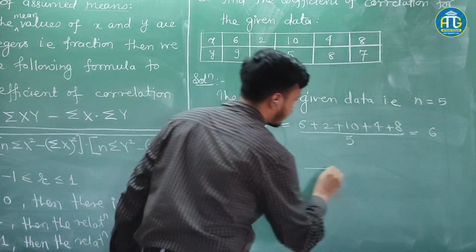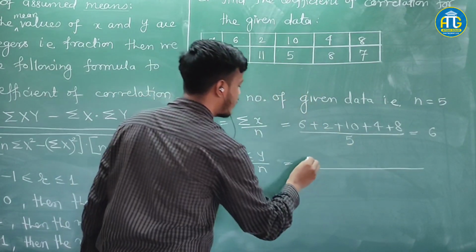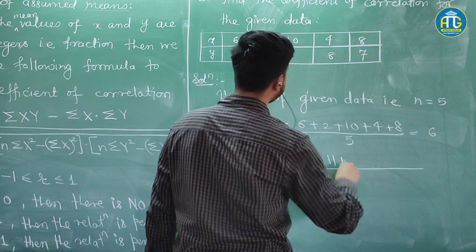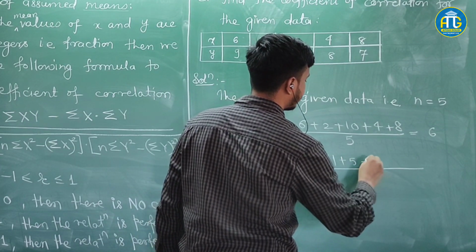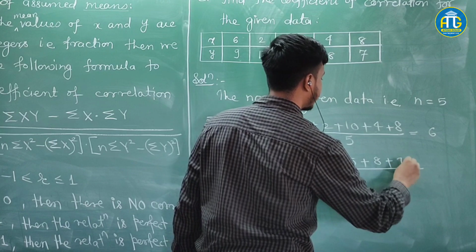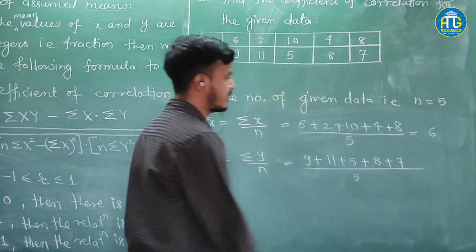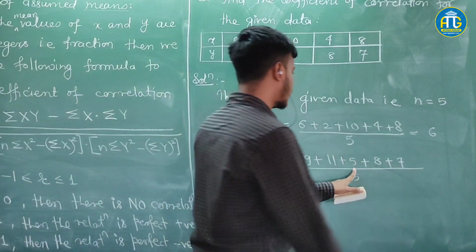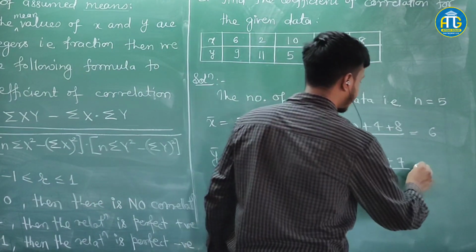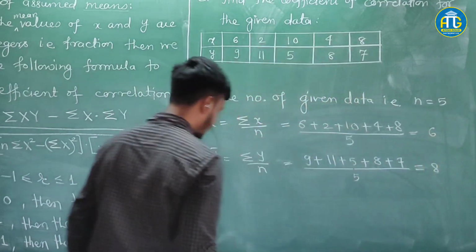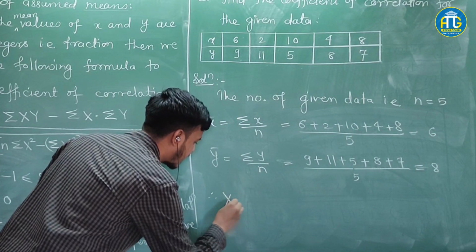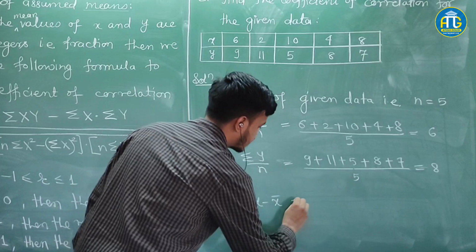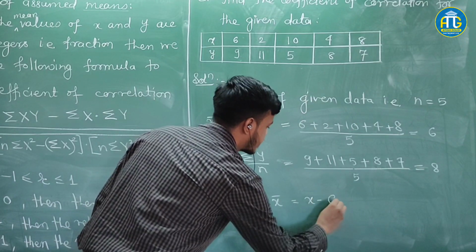And the summation of y: 9 plus 11 plus 5 plus 8 plus 7, divided by 5. 9 plus 11 is 20, 20 plus 20 is 40. So 40 by 5 is 8. So my capital X would be x minus x bar, which is x minus 6.